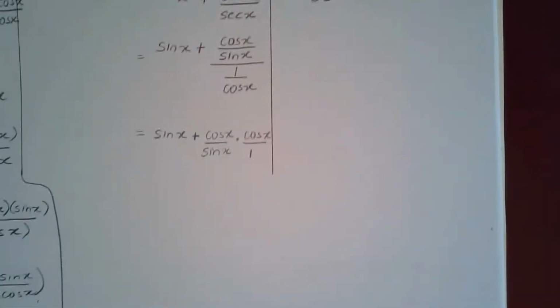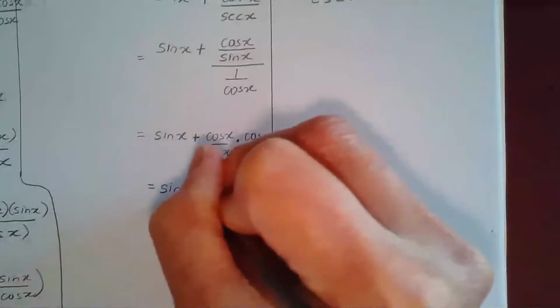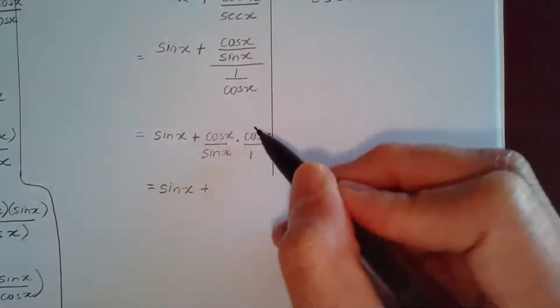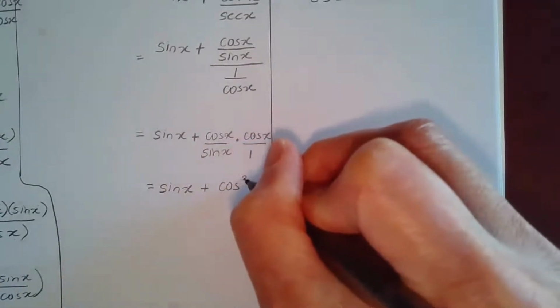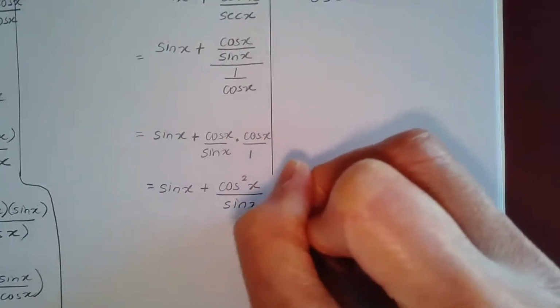Let's simplify that. Sine of x plus, cos of x times cos of x is cos squared of x, divided by sine of x.